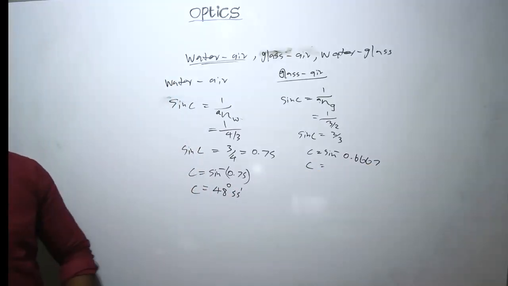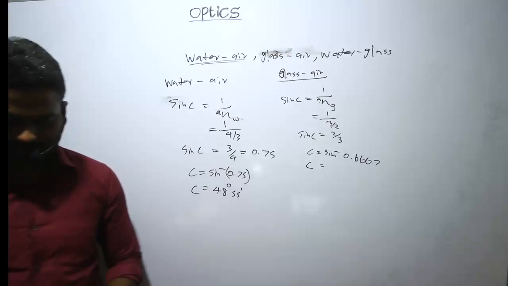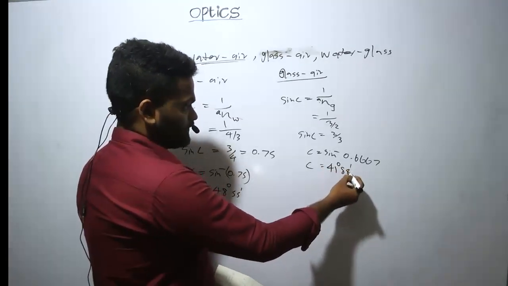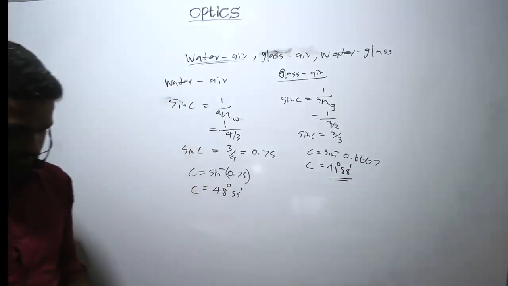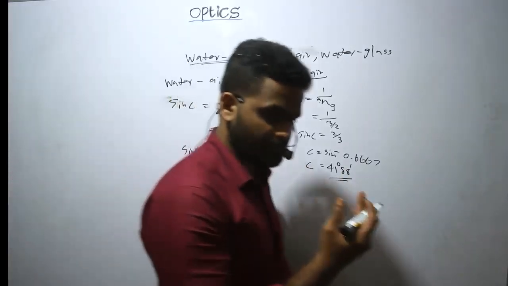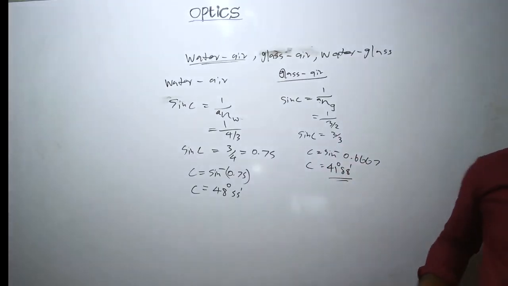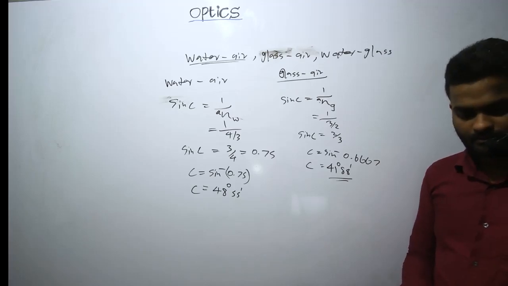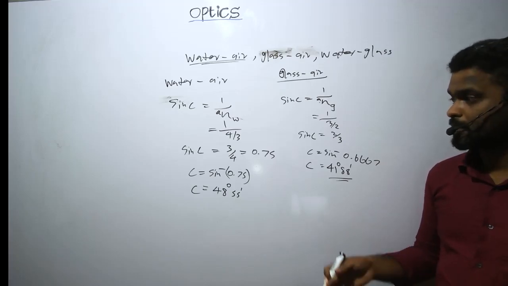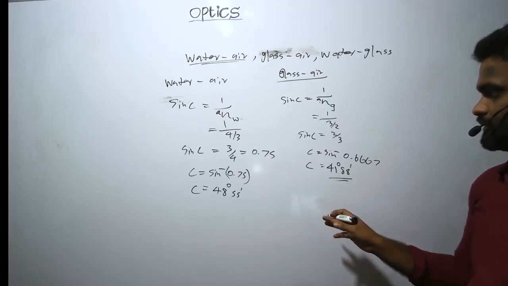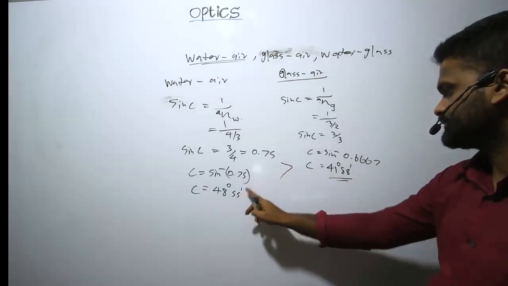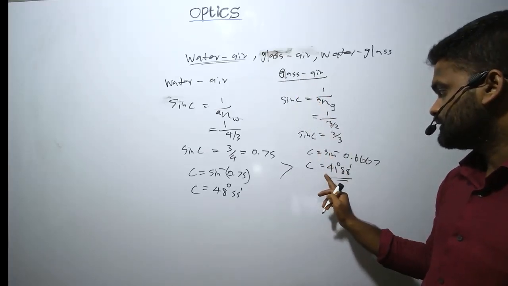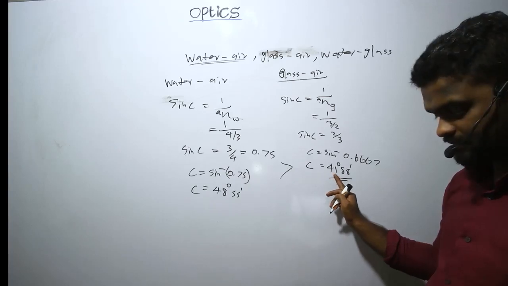Find these values at home. You need to do these questions again to practice, otherwise the prism part will be difficult. Here you can see this critical angle is less, because for glass the critical angle is less.